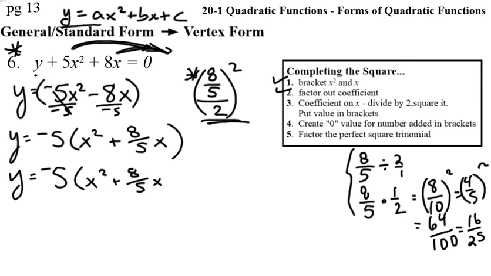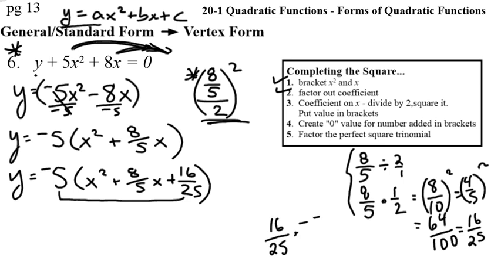So I need to add 8/5 divided by 2 is 4/5. Square it. I need to add a 16/25. I added a 16/25. There's no extra value on the right now, but that doesn't mean I don't have to counteract. 16/25 times -5. What actually got added?